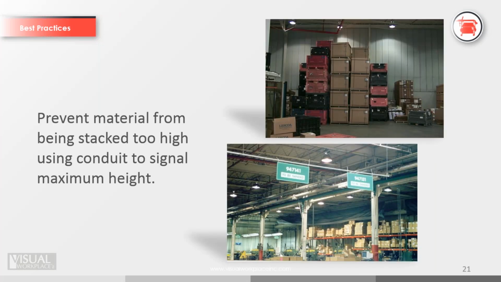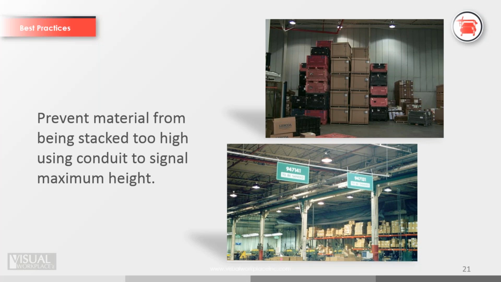Here you see an example where we've got skids and gaylords stacked too high. There's no identification on where things go, and lots of unnecessary handling and searching. So what they did is they hung some conduit. They created lanes and labeled the signs with the part numbers, so you can find things more quickly.